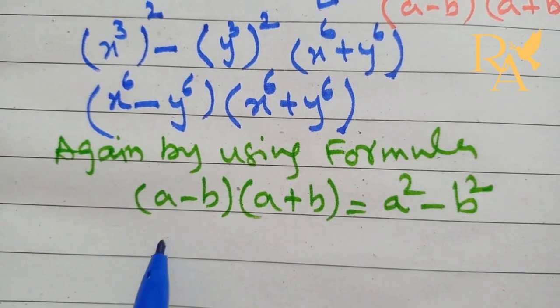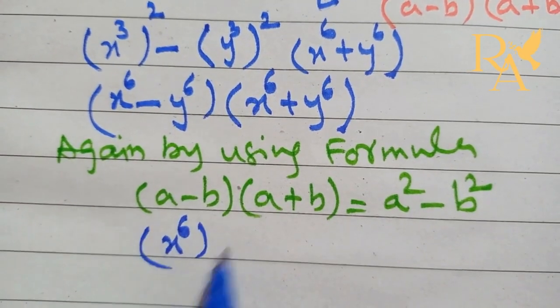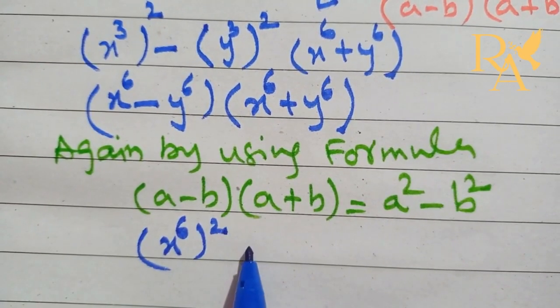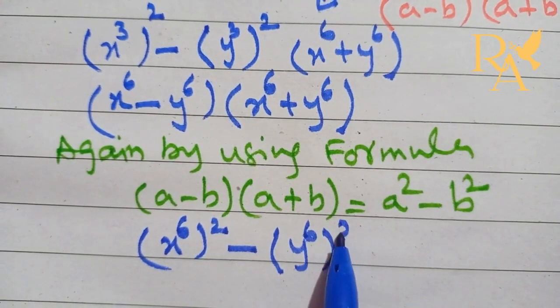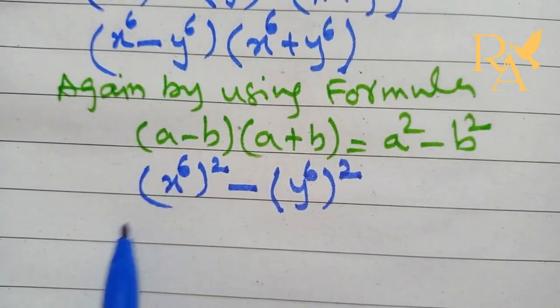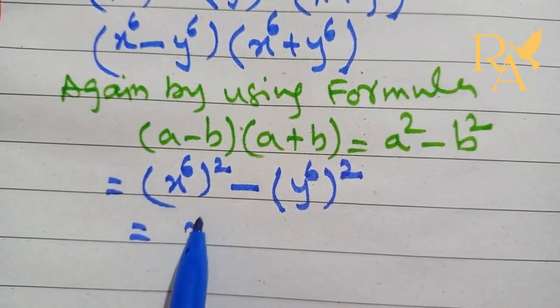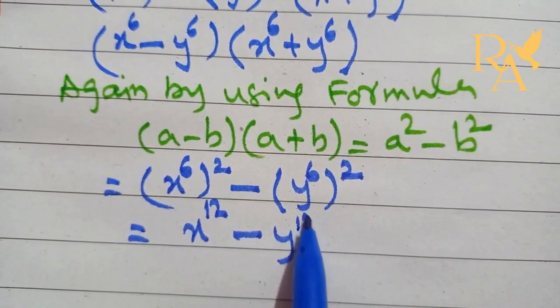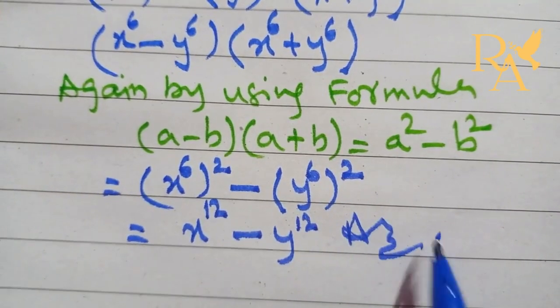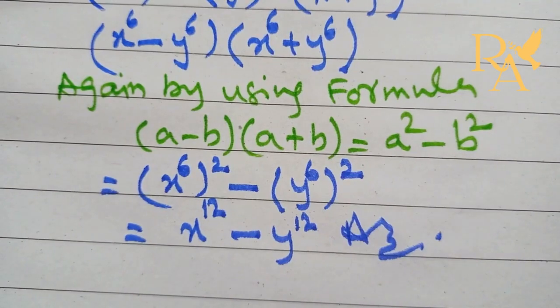So we can write x power 6 whole square minus y power 6 whole square. So x power 6 to the 12 minus y power 6 to the 12. This is the required answer of the given question.